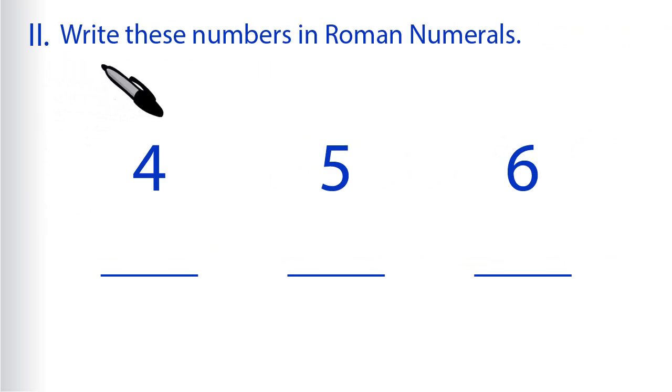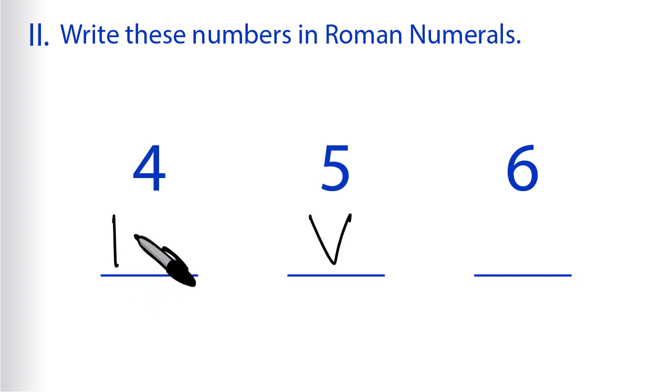For problem II, we have: write these numbers in Roman numerals, and we're given 4, 5, and 6. So there isn't just one simple symbol for 4, but there is one symbol for 5, and that's V. So 5 is V, and then we can add or subtract from V. Remember, if we put a smaller symbol before a larger symbol, or, well, a symbol that represents a lesser value before a symbol that represents a greater value, that means that we subtract that smaller symbol from the larger symbol.